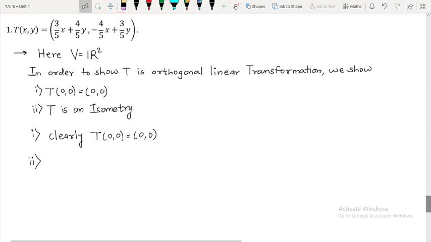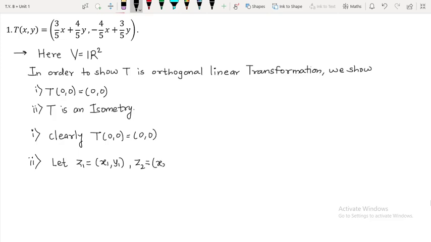So in order to show a certain function is an isometry, we need two vectors, right? Or you can say two elements of the domain, that is R2 in this case. So I will use the notation z1 is equal to (x1, y1) and z2 is equal to (x2, y2) belonging to R2 be any elements.